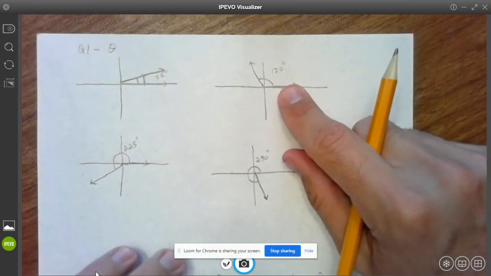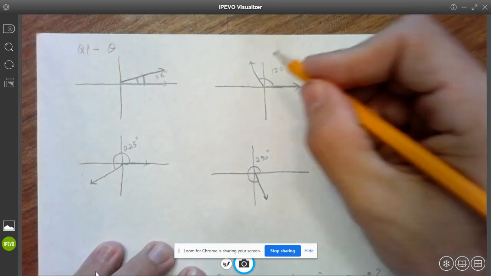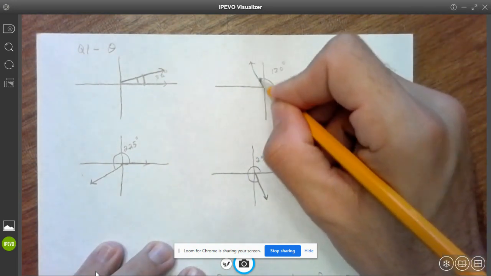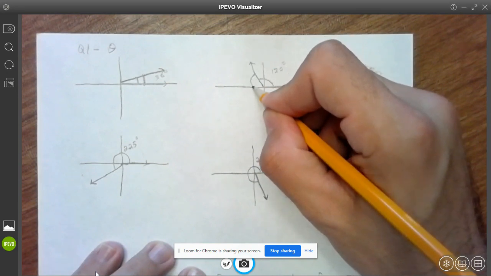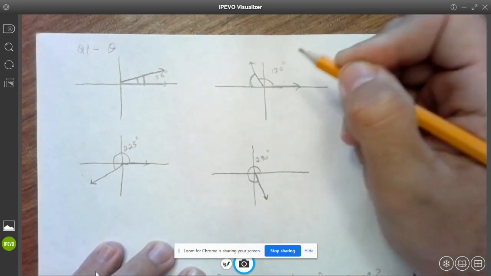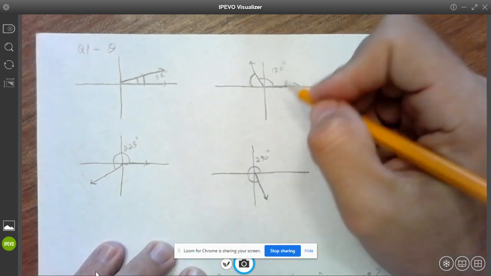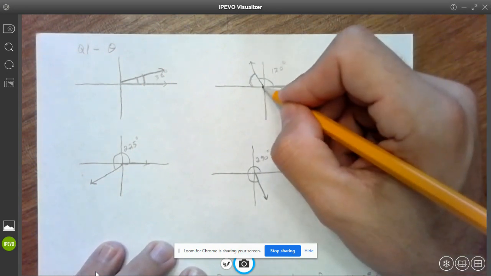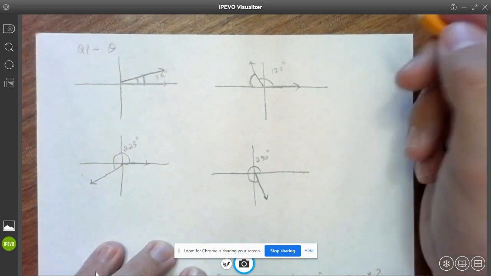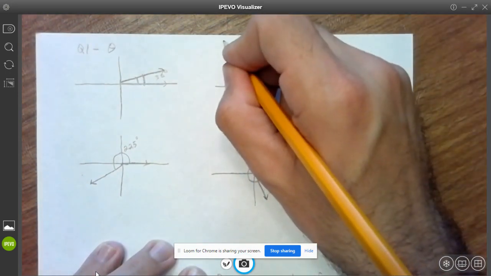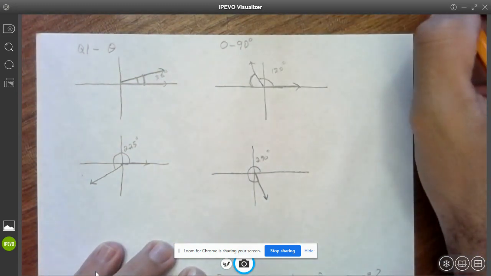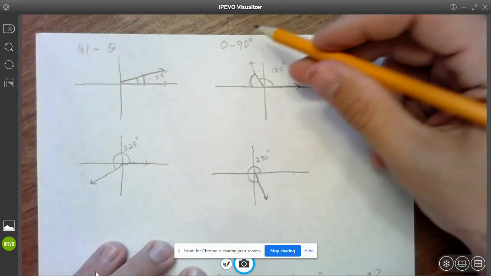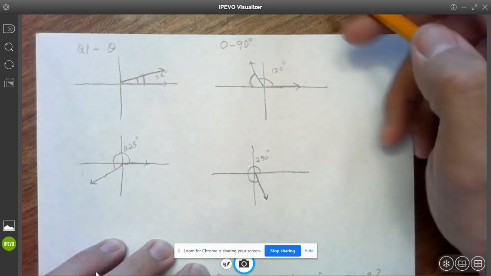If it's in quadrant 2, here's the terminal side. We're trying to find the angle created from it to the x-axis. I guess I should say the nearest angle between the terminal side and the x-axis. By the way, the reference angle is always between 0 and 90 degrees. It's always an acute angle, never obtuse.